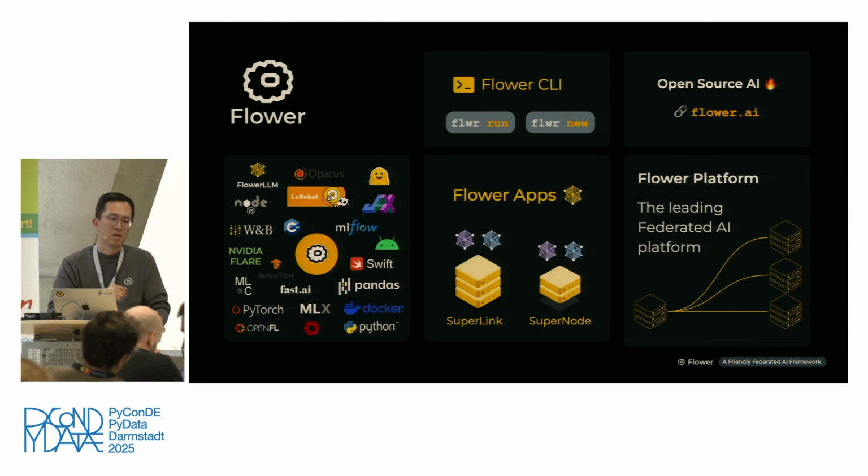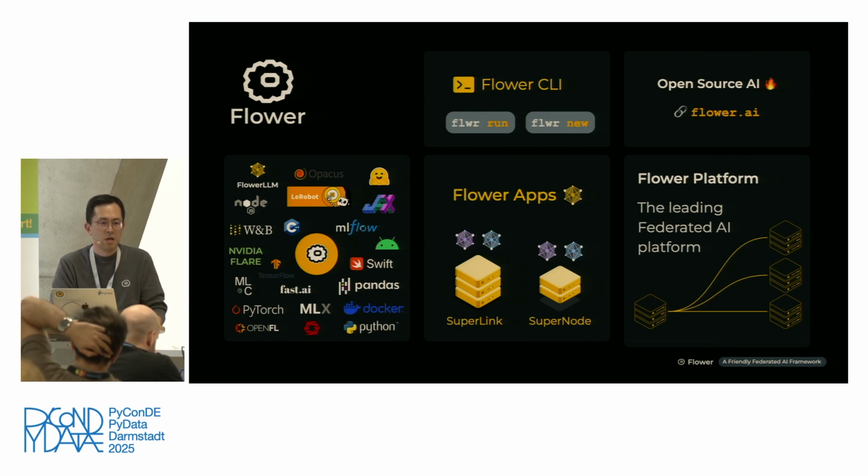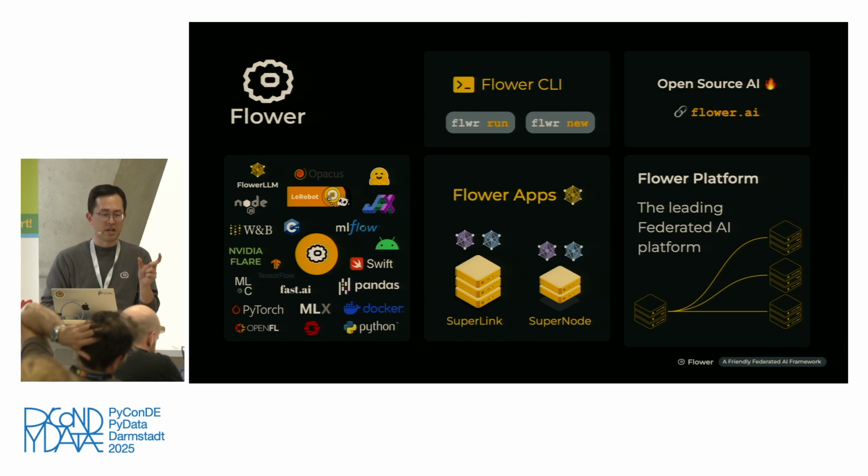Yes? Is it possible for a client to monitor which communication takes place between superlink and supernode? Yeah, you can absolutely do that. Right now, for each Flower app that you do, there's a hash of that app.